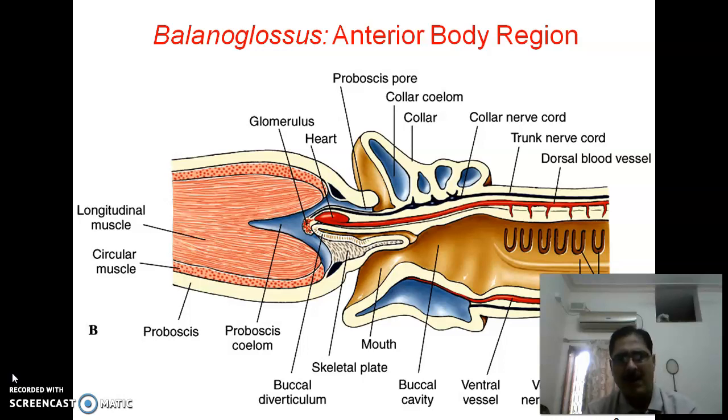Now this buccal diverticulum has a skeletal plate, and earlier this skeletal plate was thought to be similar to the notochord. Nowadays we know that this is not similar to the notochord, and hence instead of calling it a chordate, we call it a hemichordate.